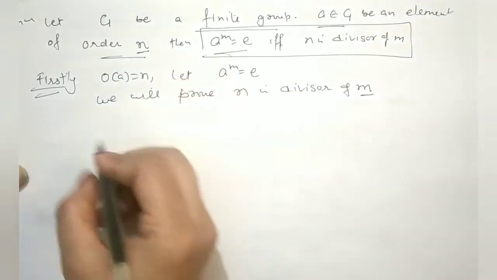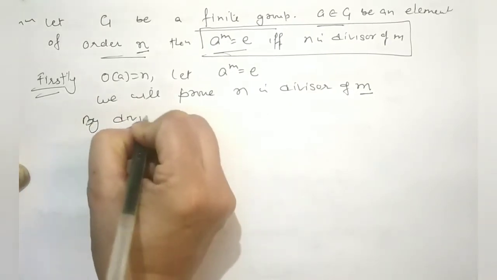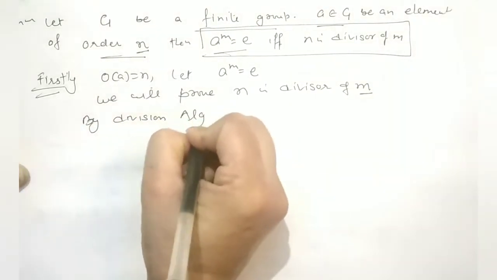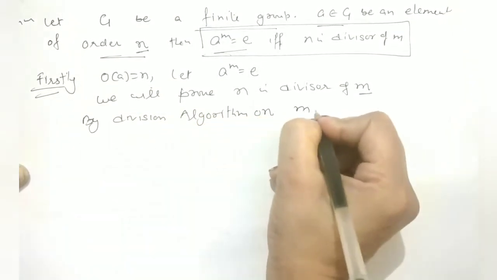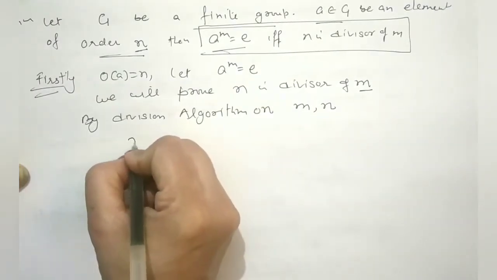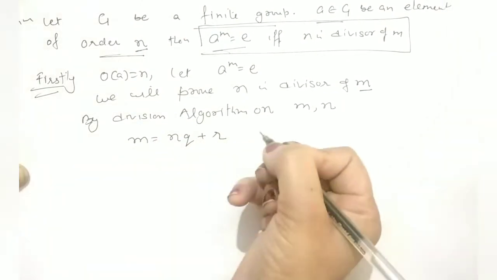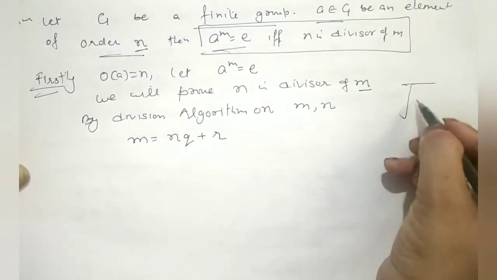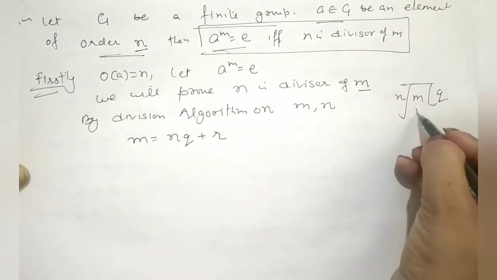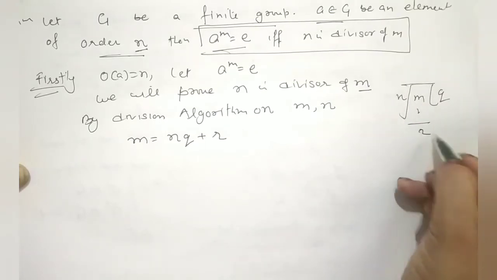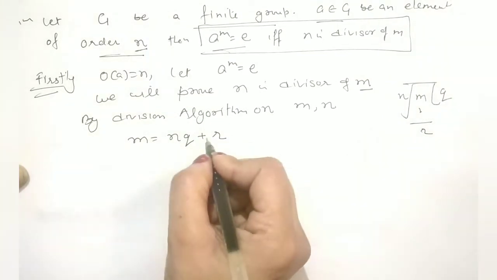So we use here the division algorithm. By the division algorithm on m and n, we divide m by n, and we will get some quotient and some remainder. This is the division algorithm theorem. When we divide a number by another number, we will have some quotient and then some remainder. So we can write m as divisor into quotient plus remainder.